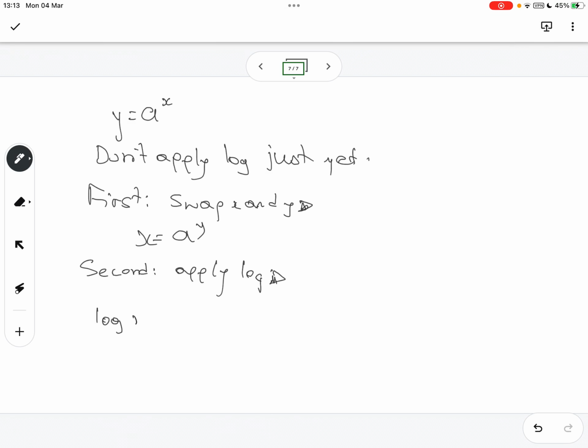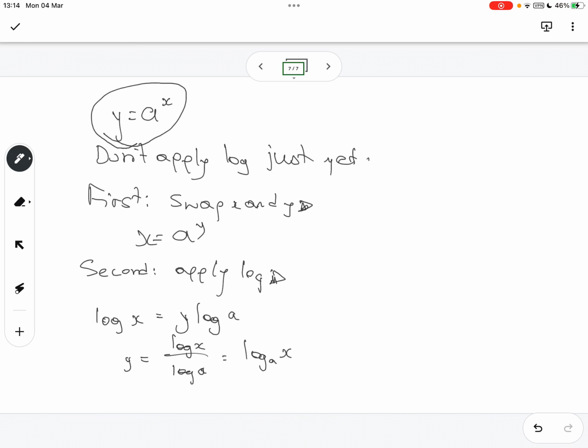Then apply log. So when we apply log, we have log x equals y log a, and y then becomes log x over log a, which is log to base a of x.